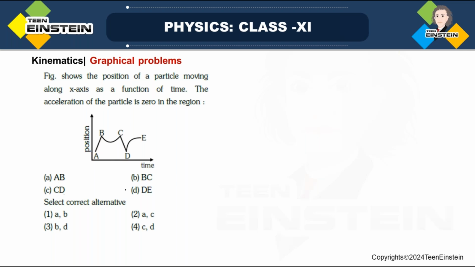So among these four regions, at which region will there be 0 acceleration? As you have seen, acceleration is equal to half... So kind of this.